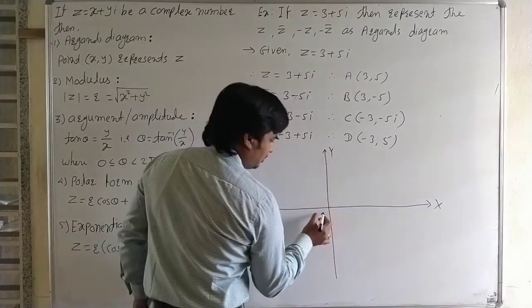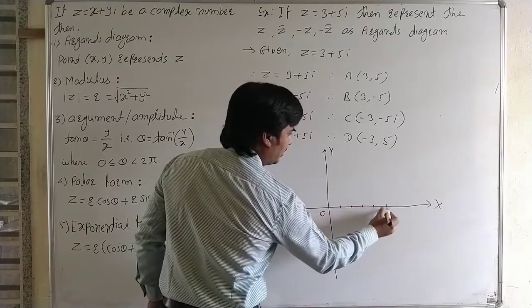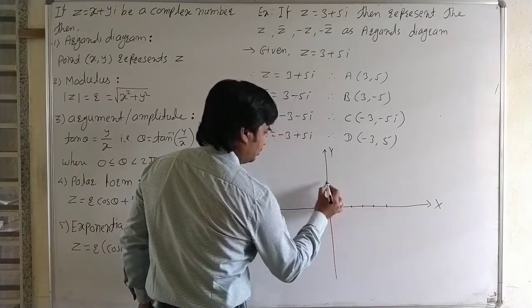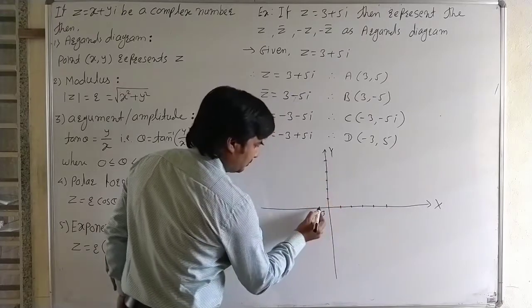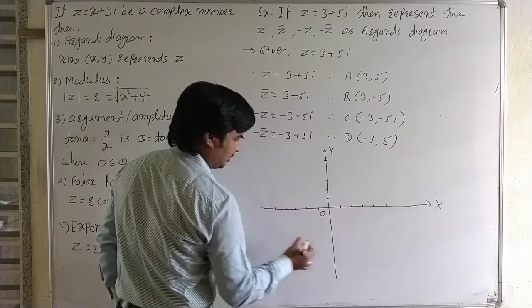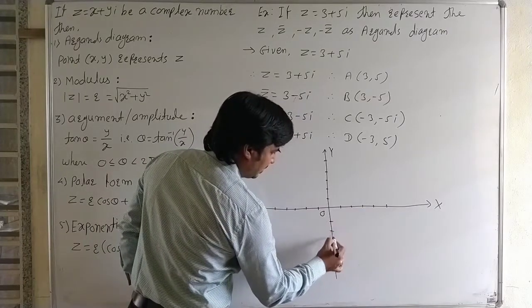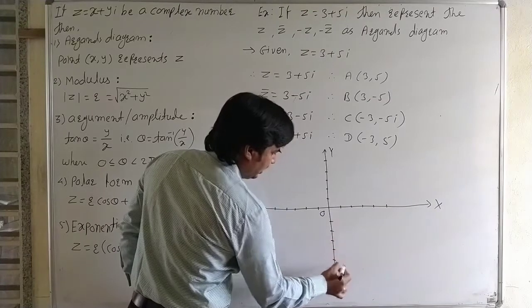This is the origin, with 1 2 3 4 and 5 on the positive side, and minus 1, minus 2, minus 3, minus 4 and minus 5 on the negative side, and the same on the y axis.